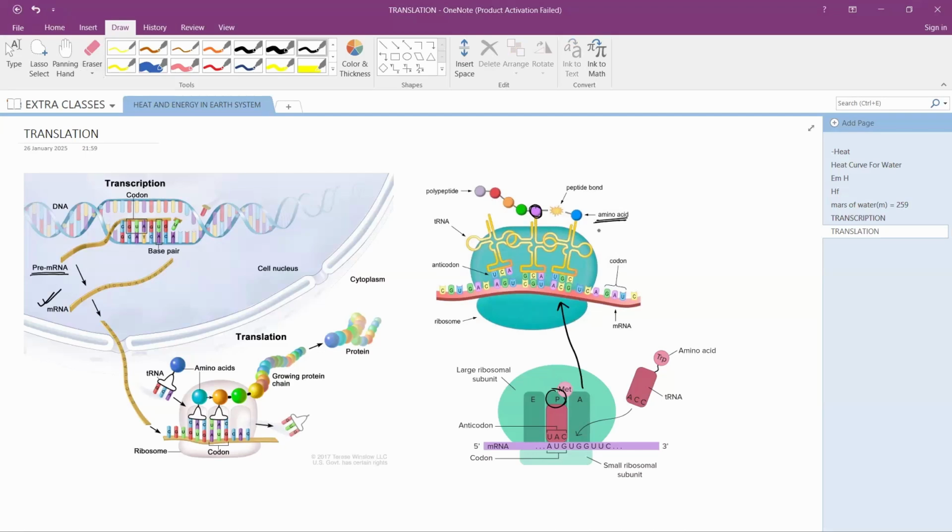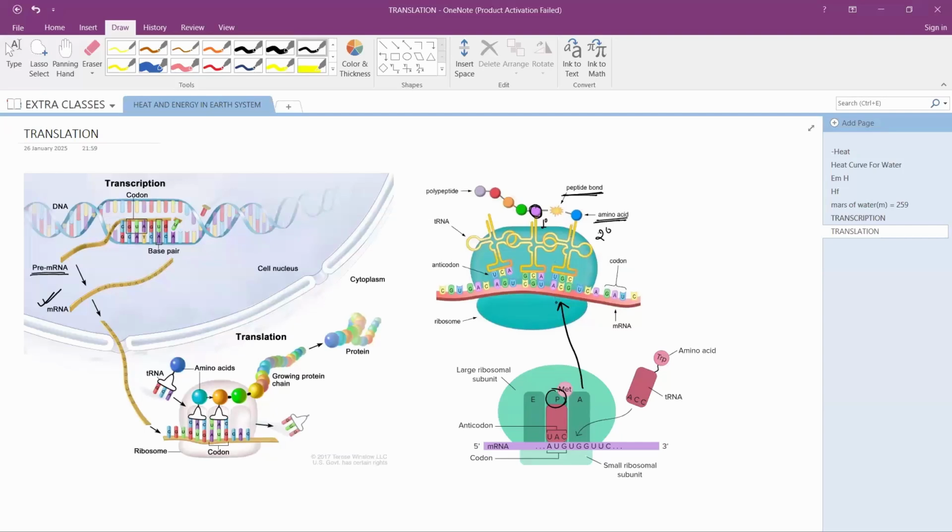Call this the second tRNA, and this the first tRNA. Between the first tRNA and the second tRNA, a peptide bond formation takes place.